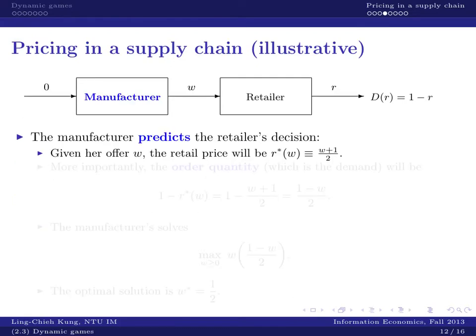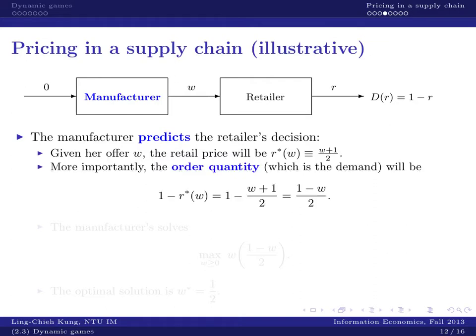Now let's go back to the manufacturer's problem. The manufacturer can predict what the retailer will do. Given her offer W, the retail price will be something like this. We have predicted that the retailer must do so to optimize his own profit. Given that information, the manufacturer can know the order quantity given his wholesale price.